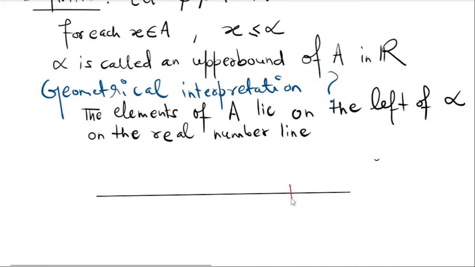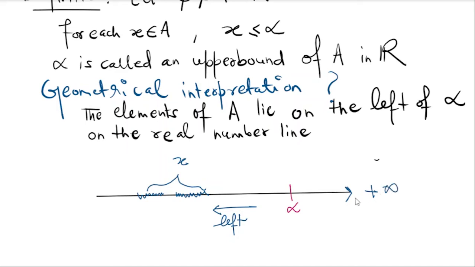Suppose this is the position where my alpha lies, and the elements of the set A lie somewhere here, either this or this. They may be anywhere, but what I'm interested in is these may be my x, which lie on the left of alpha. This way it extends till plus infinity, and in this direction it extends till minus infinity. This is my real line. This is some alpha over here.